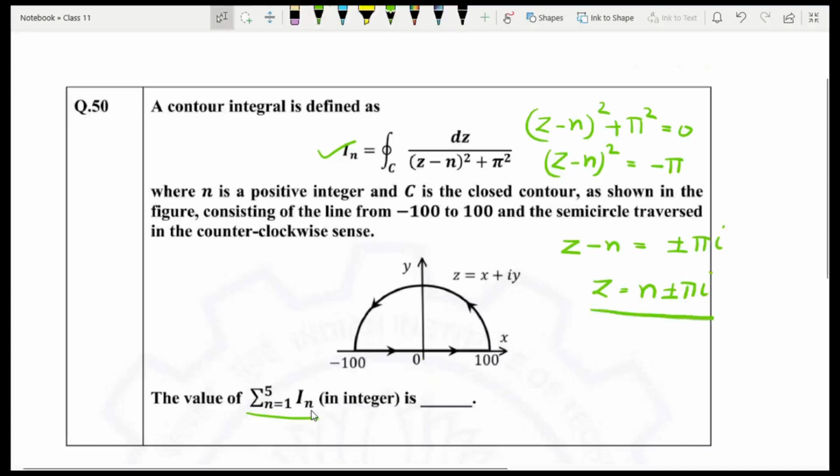These are the poles. Now we have to check whether both the poles lie inside the semicircle or not. One pole is n plus pi i and another one is n minus pi i. Only the pole n plus pi i lies inside the contour. n minus pi i lies outside the contour. So we have to consider only n plus pi i.